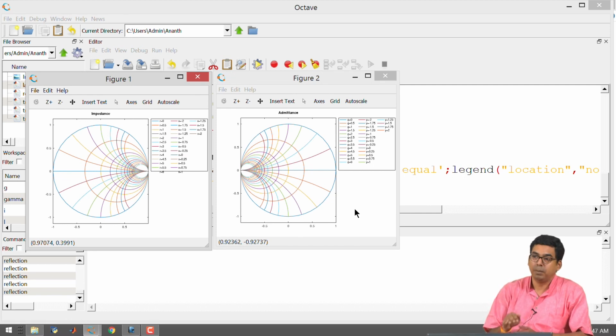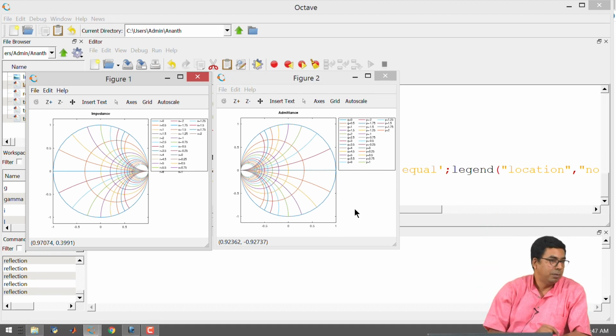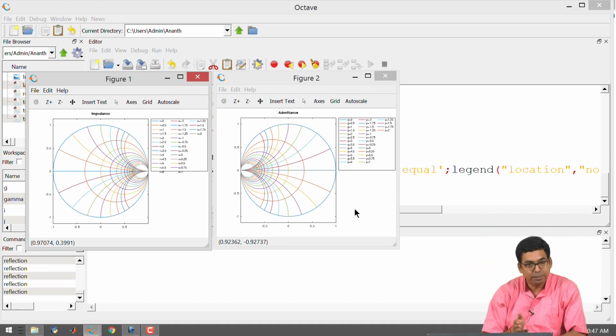X axis is going to be your real part of gamma, y axis is going to be the imaginary part of gamma. The purpose of doing this is, suppose you are given a load resistance or a load impedance and a transmission line characteristic impedance or admittance, you should be able to quickly go to the Smith chart, find the intersection of two circles corresponding to that, and then say this is the value of the reflection coefficient. That is the objective. Okay.